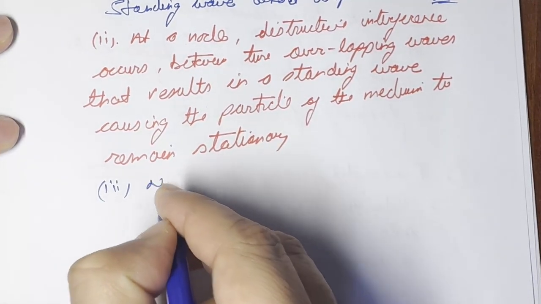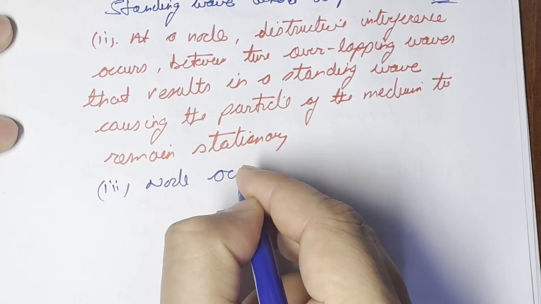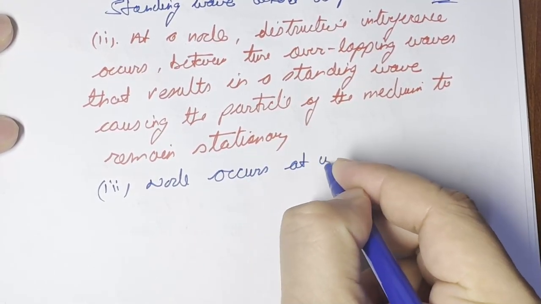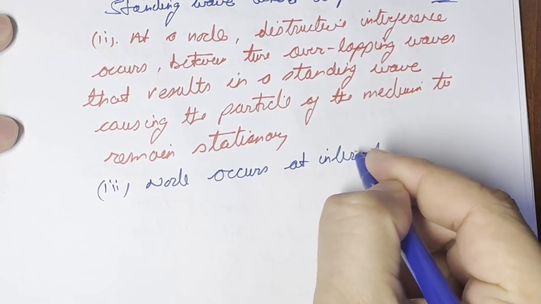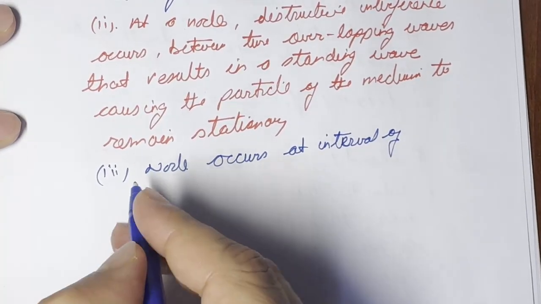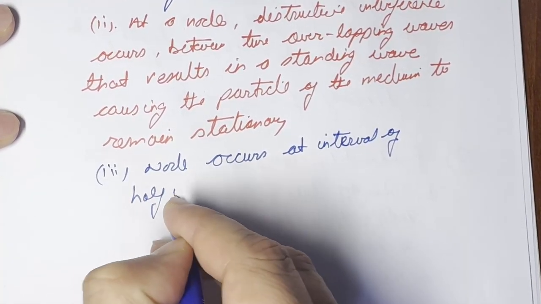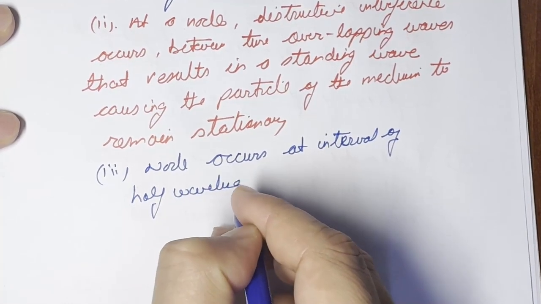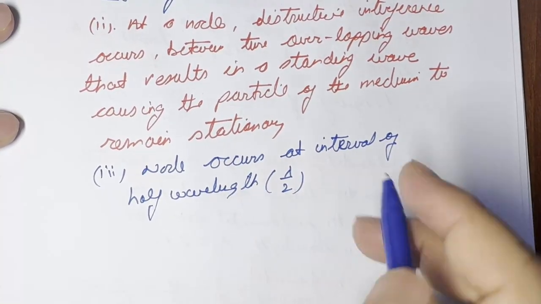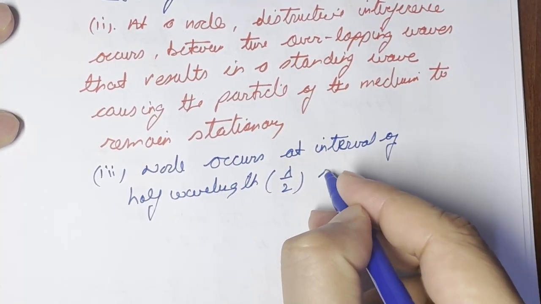You can say that nodes occur at intervals of half wavelength, which basically means lambda by 2, in a standing wave.